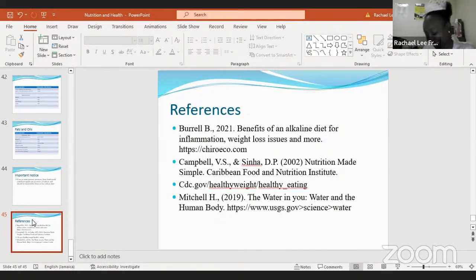So what we can do though, seriously, is moderation. Everything in moderation, because if you want to sample everything, just don't have a whack of everything. It's a portion size, a little bit of everything, a little bit of the curry goat, a little bit of the oxtail. Okay, I'm not going to eat the chicken wings.